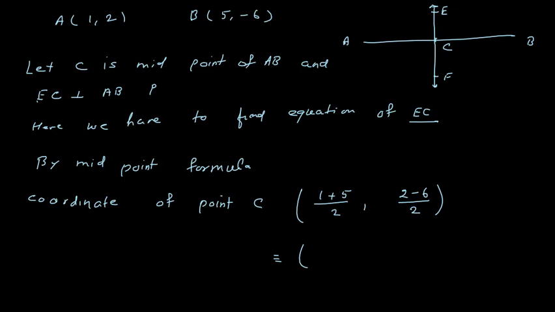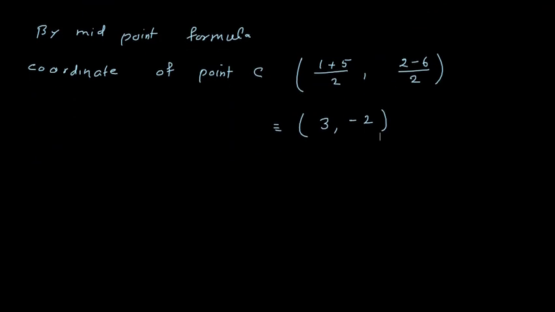So this will be 6 divided by 2 is 3 and minus 4 divided by 2 is minus 2. So the coordinate of point C is 3 comma minus 2. Now I get the coordinate of point C, where C is the midpoint of this AB. Next I have to find slope of AB.